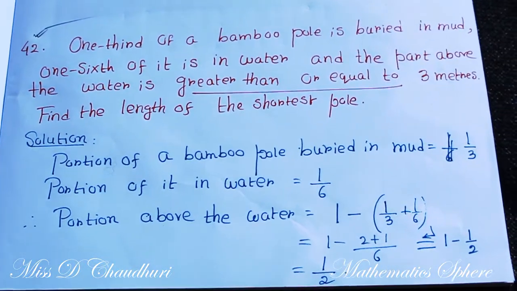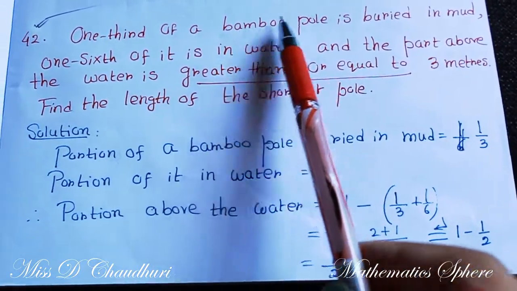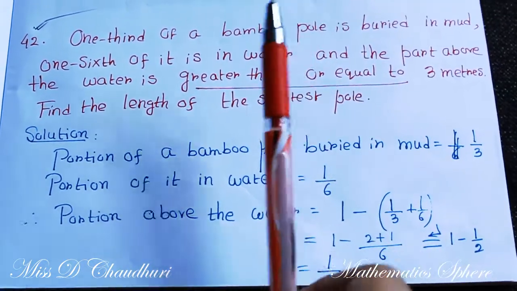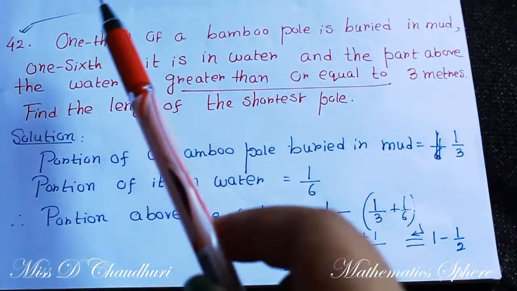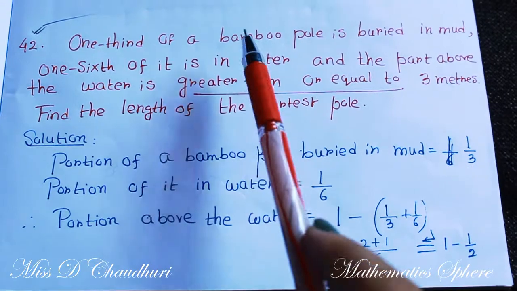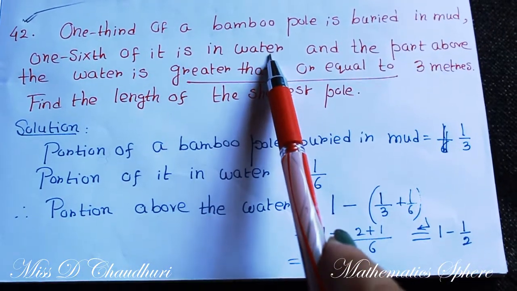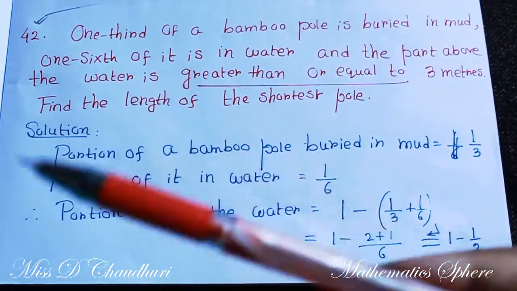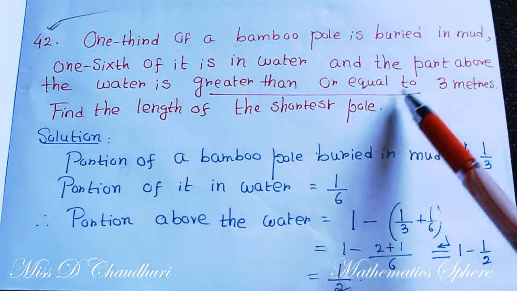Now see this question, this is also an interesting one. What are they saying? 1/3 of a bamboo pole is buried in mud. So one bamboo pole is there, of which 1/3, meaning out of 3 pieces, 1 piece is buried in mud. 1/6 of it, if we break it into 6 pieces, one of the parts is in water, and the part above the water is greater than or equal to 3 meters.